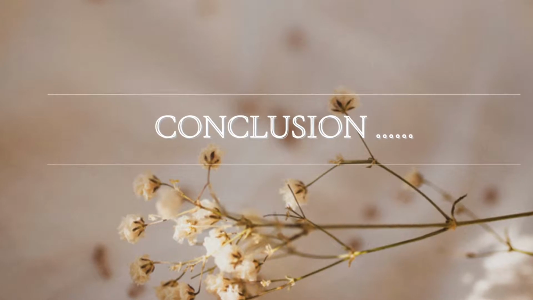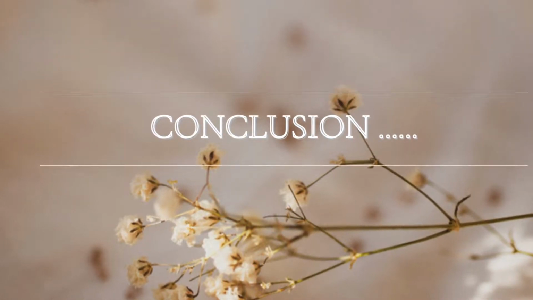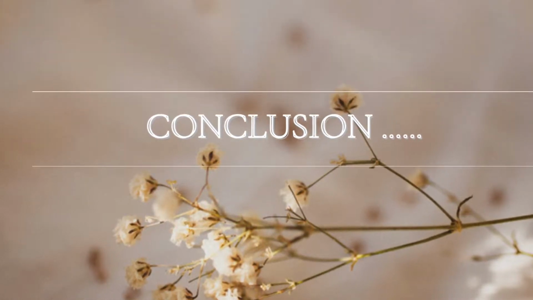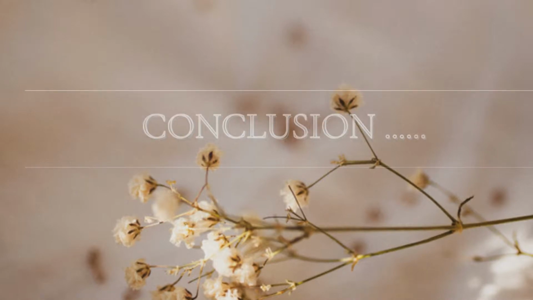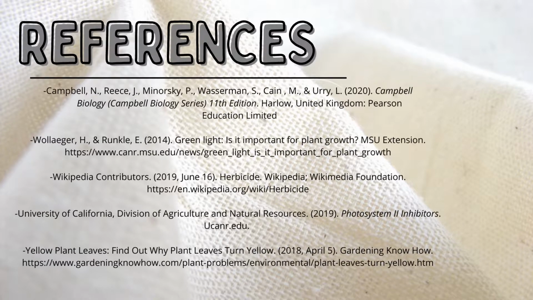Next we go to the conclusion. To conclude, the translucent green curtain is not good for plant growth because not all plants absorb green wavelength light or spectrum, and it can cause a lack of photosynthesis.